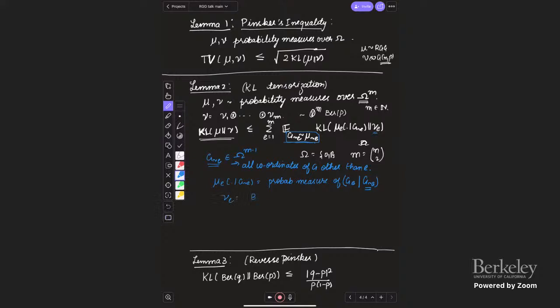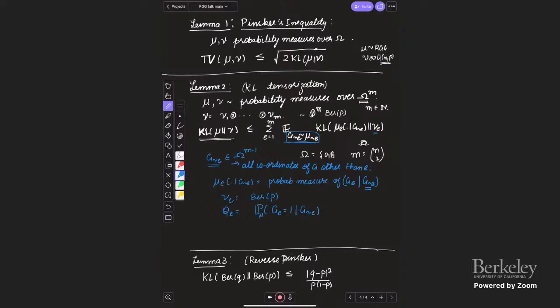Okay. When we take mu to be the RGG and we define some notation here, we take QE to be the probability that the edge E is present in the random graph given the rest of the graph.